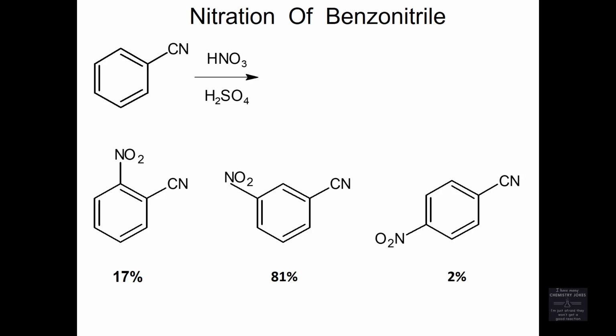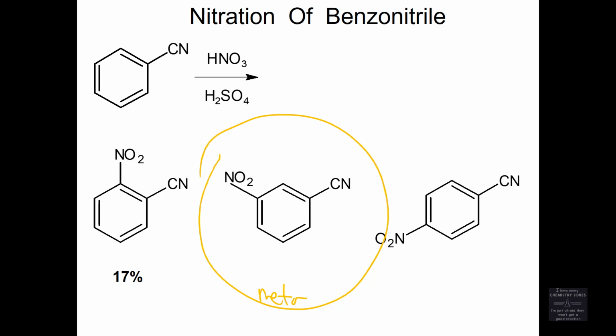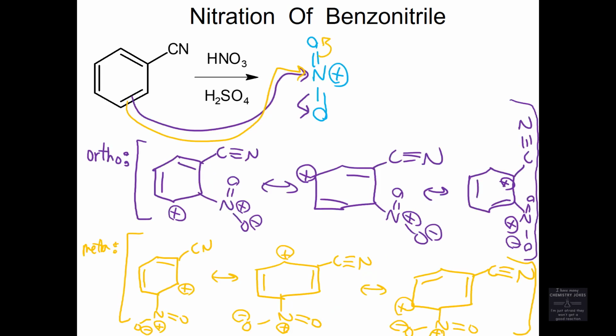Here's my actual observed percentages. This one makes meta as the major. That must mean there's something special about the meta arenium ion back here. Well, I don't immediately see anything special about meta arenium ions.